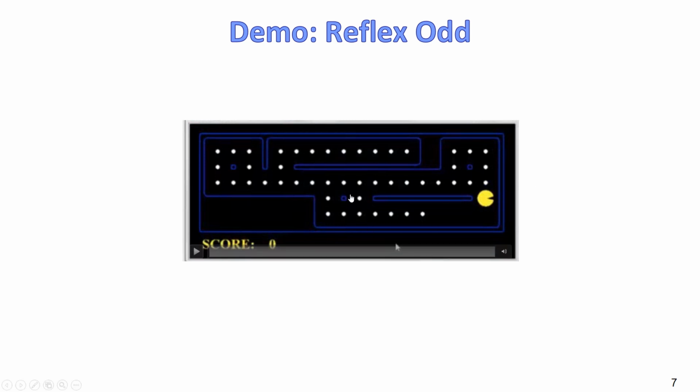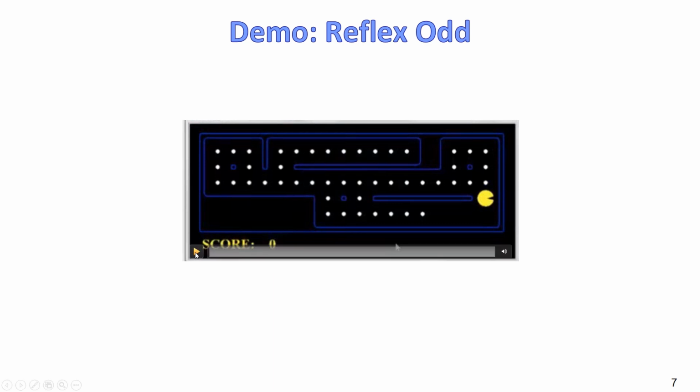Now, for a more complex world like this, we have dots, but we have walls also. Let's assume that the Pac-Man again is a reflex agent here, and the strategy that he will take is to move towards the nearest dot. Again, that's the same strategy as the previous slide, but now it's a more complex world.